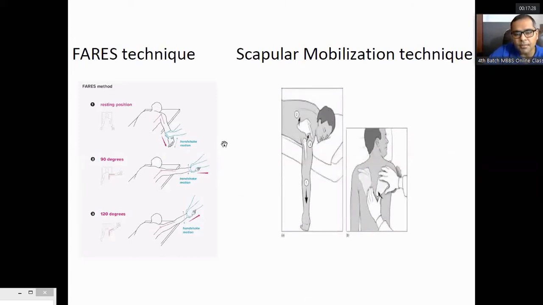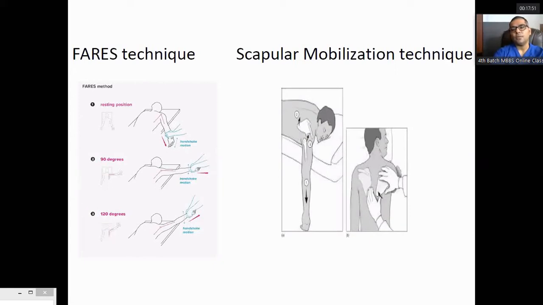The difficulty in other methods is mainly that when there is inadequate analgesia, the patient tends to move the shoulder itself along with the limb. So we are controlling only the limb, and the patient himself or herself moves the scapula. That way, it is difficult to reduce.